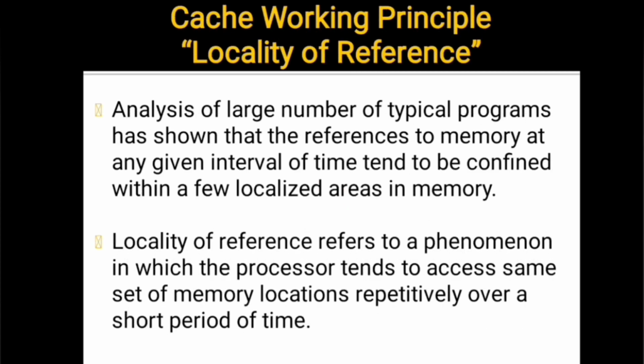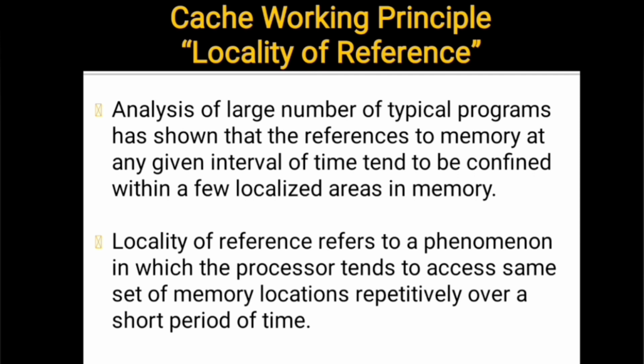Now let us understand the working principle of the cache memory. Cache memory works on the principle of locality of reference. Analysis of a large number of programs has shown that the references to memory at any given interval of time tend to be confined within a few localized areas in memory.